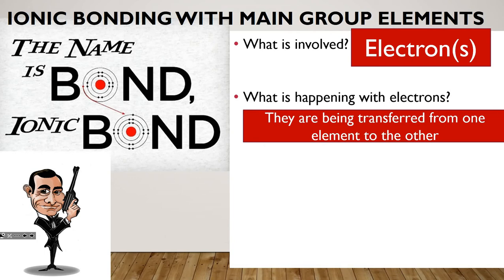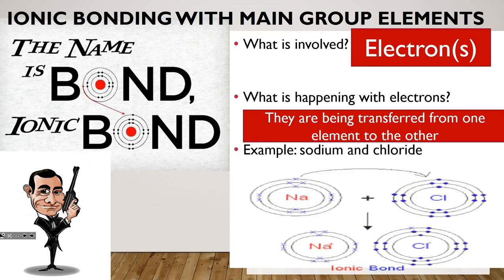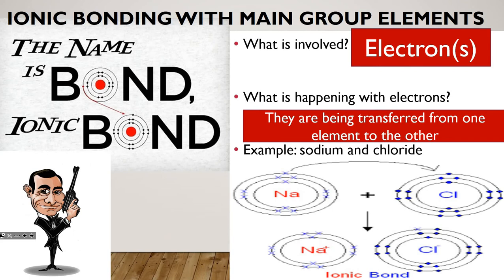You will give it, he will take it. So we're moving electrons from one atom to another atom. The example that you've been given on your notes is sodium chloride. And just like at the beginning, sodium chloride's a salt. It actually is taking one from sodium and putting it to chlorine.